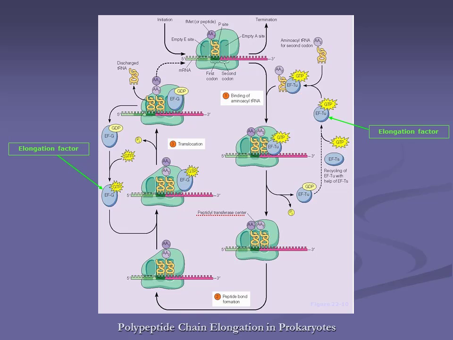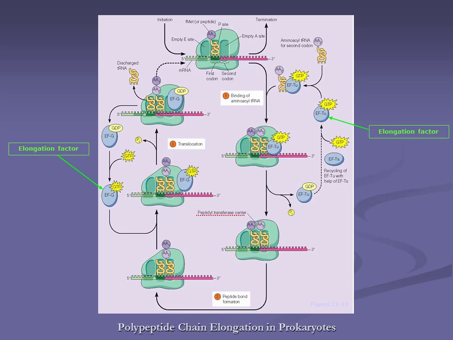Step 3 is translocation, so the actual moving. This is going to be another elongation factor. This elongation factor comes in with GTP. As it comes in, it's going to cleave off a phosphate. You can see it's actually also bound in this A site.